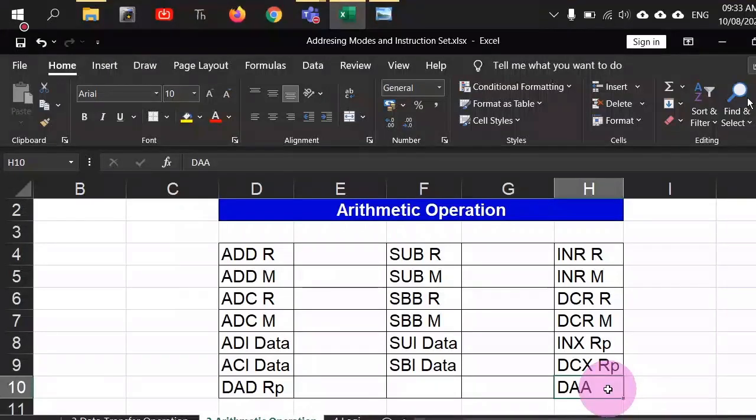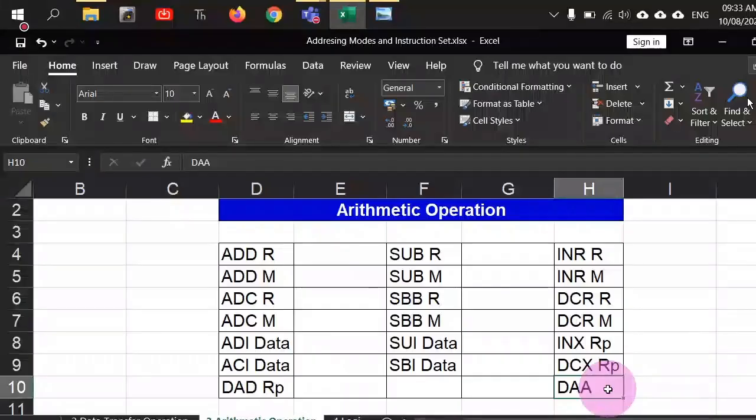And if you want to see your output in the form of a BCD number, then you don't have to make an additional program. You can just type DAA and no operand after that is needed. Whatever is the content of the accumulator, which is currently displayed in hexadecimal format, after execution of this command, the format will be changed to binary coded decimal number, right?